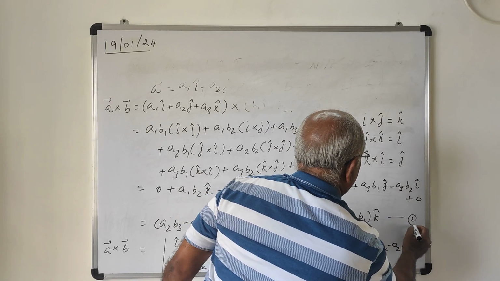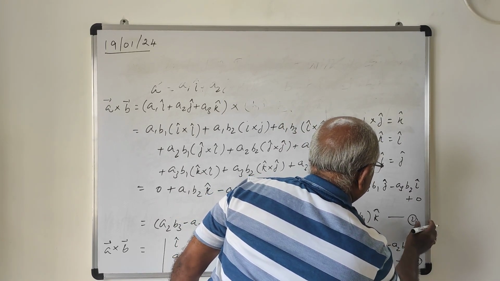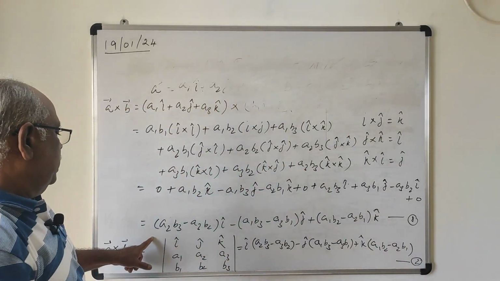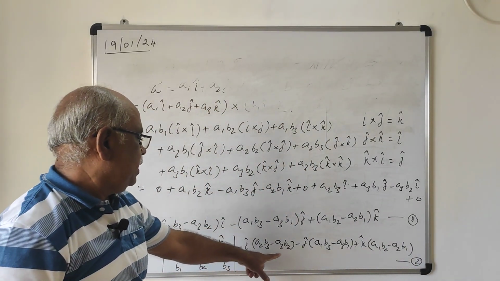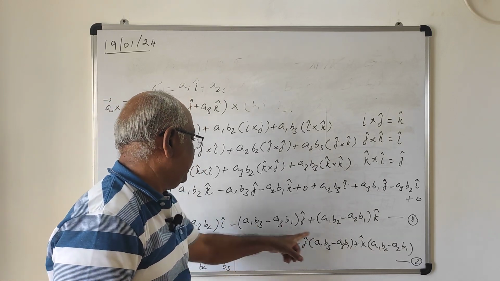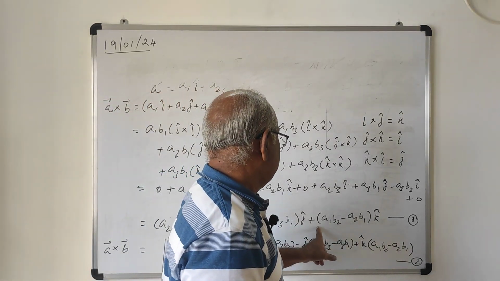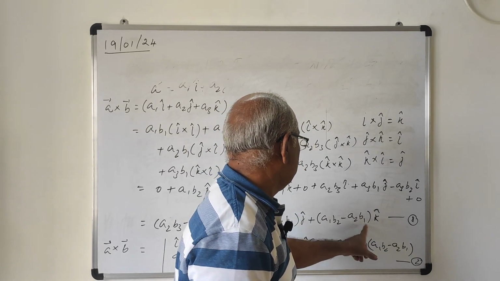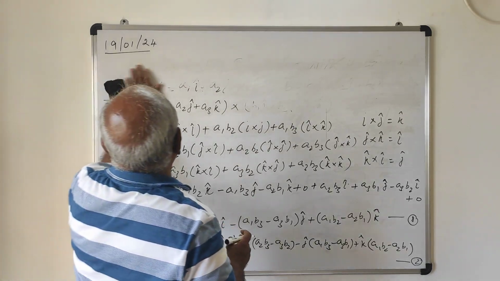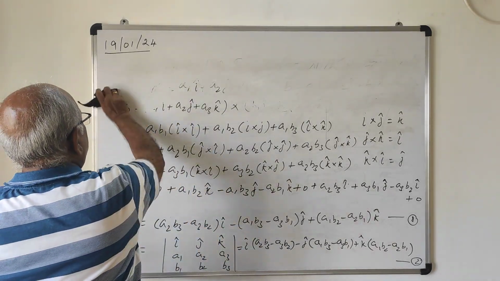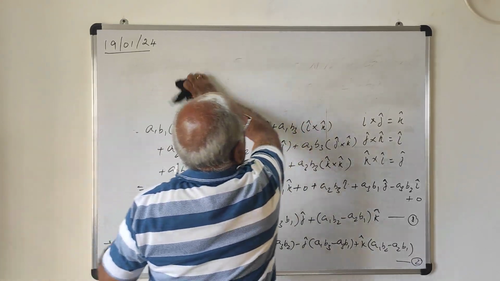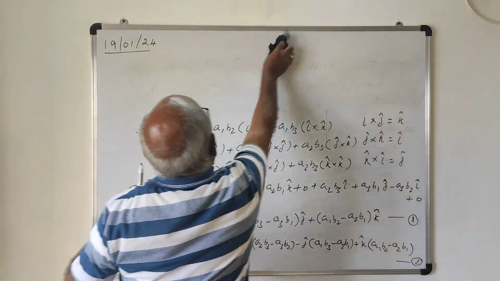See, these two are one and the same. Therefore, A cross B in its components is nothing but the determinant value of I, J, K, A1, A2, A3, B1, B2, B3.